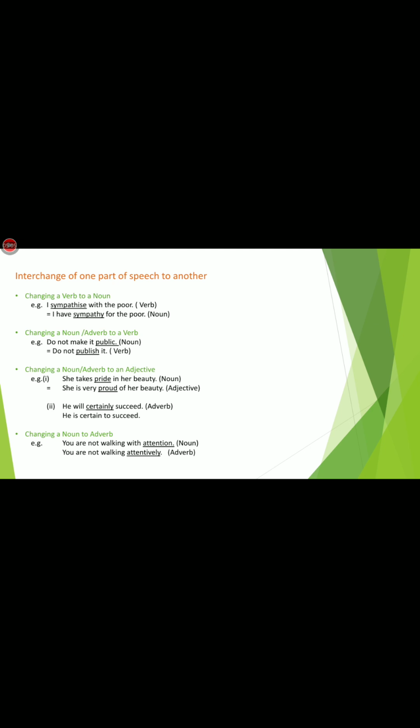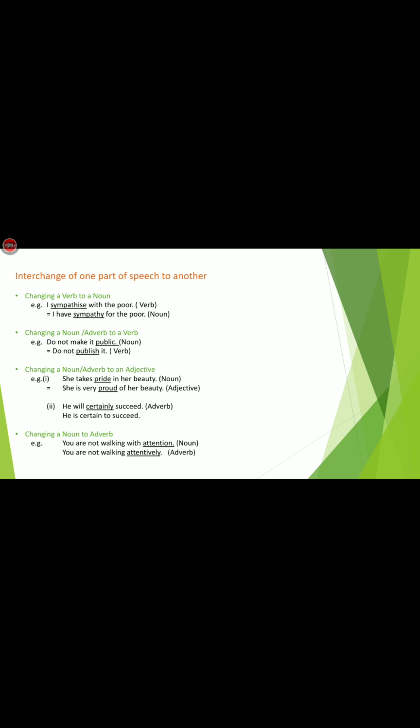Now, if you use a particular word in its verb form, we can change it into its noun form and have the same meaning. I sympathize with the poor. Now, sympathize is the verb form. So, to interchange it, we can use the noun form of sympathize and write, I have sympathy for the poor. Sympathy is the abstract noun.